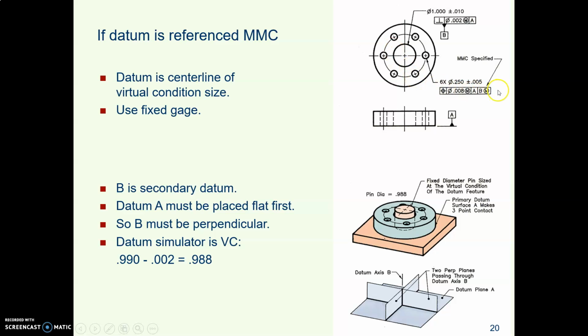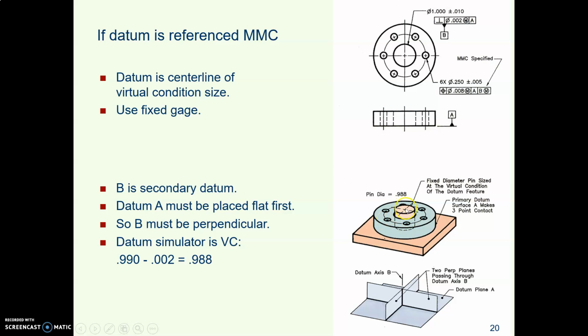However, if you control the position of these holes and you put an M after datum B, B is still that center hole, but now there's an M. M means fixed gauge. It means your gauge does not have to be adjustable. It is a fixed size.